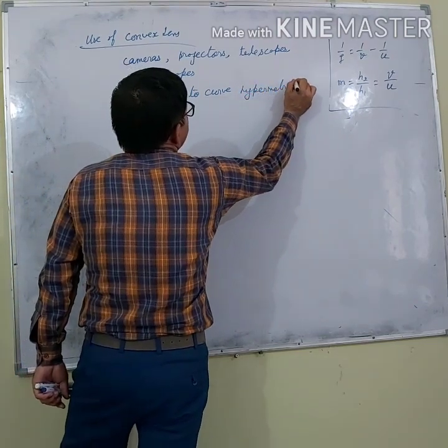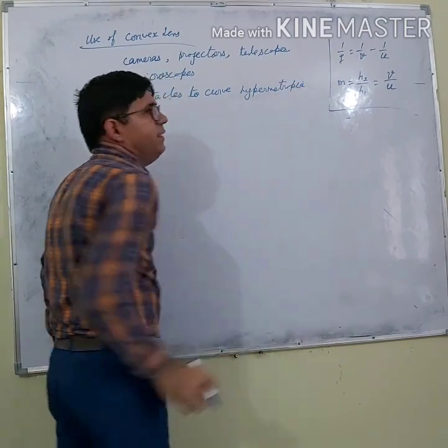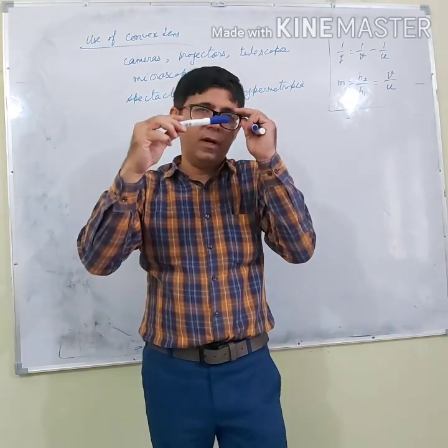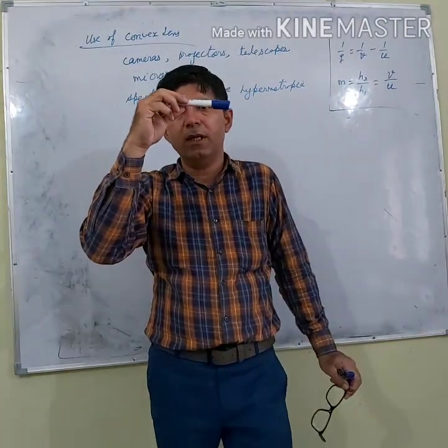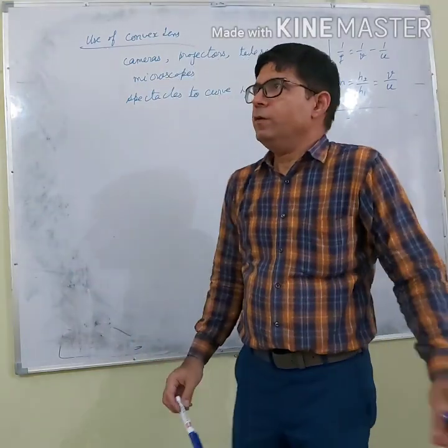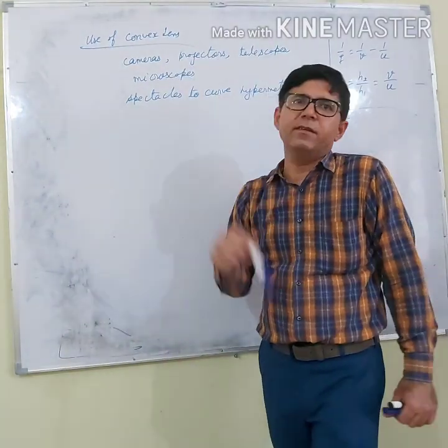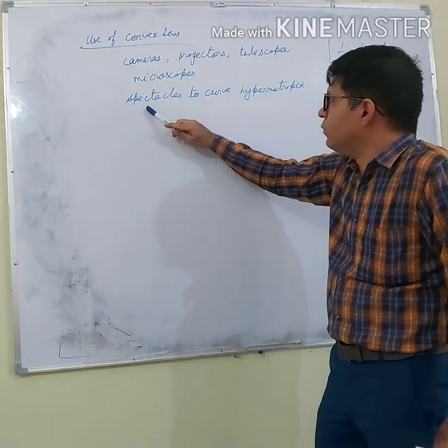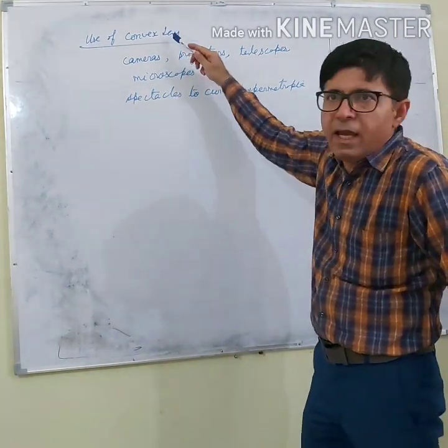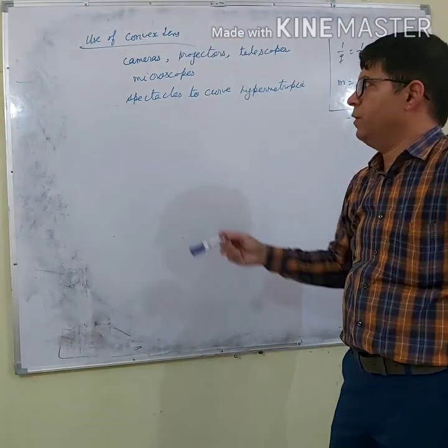Hypermetropia is a disease in which a person is unable to see the nearby objects. For example, if I am unable to see the nearby objects clearly, it means I am suffering from hypermetropia. So to rectify that disease, what does the person have to do? Person has to wear the spectacles in which convex lenses are used.